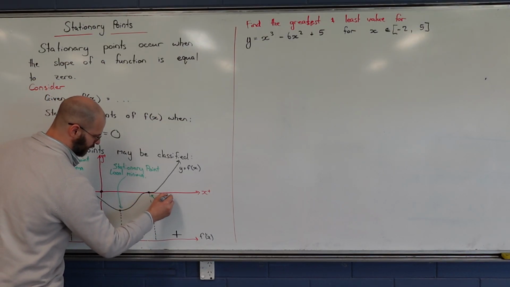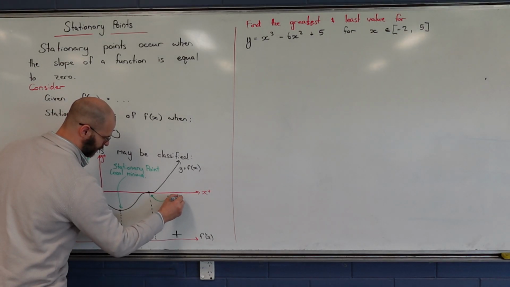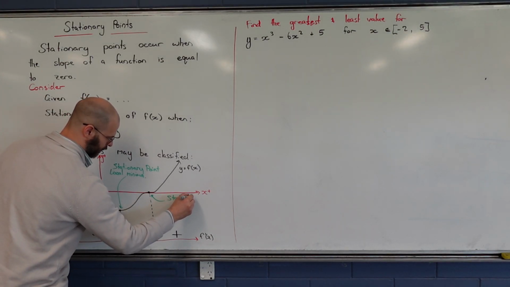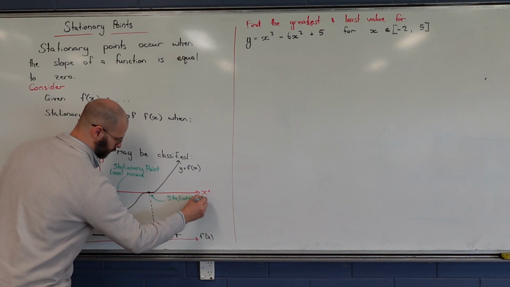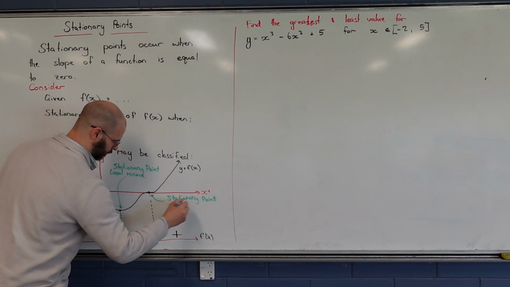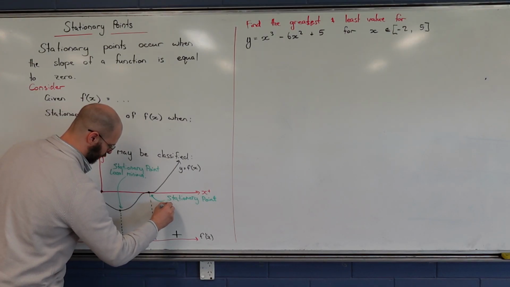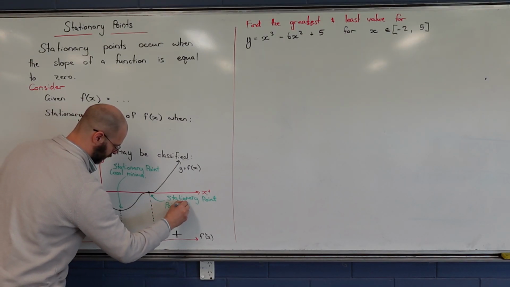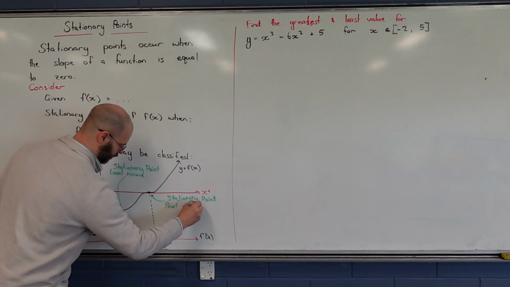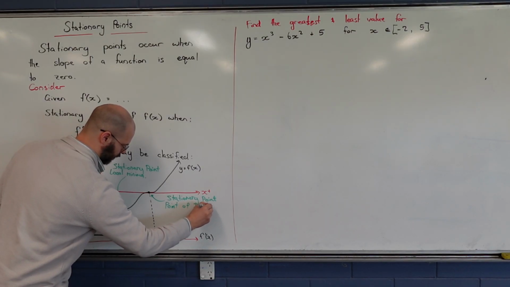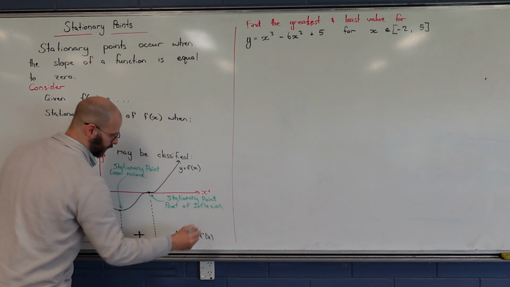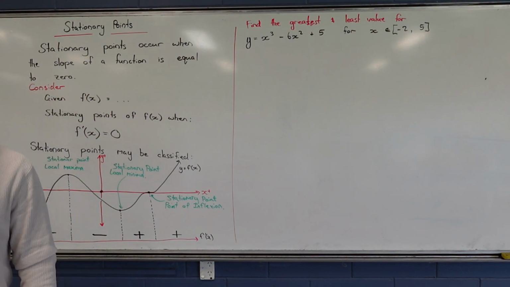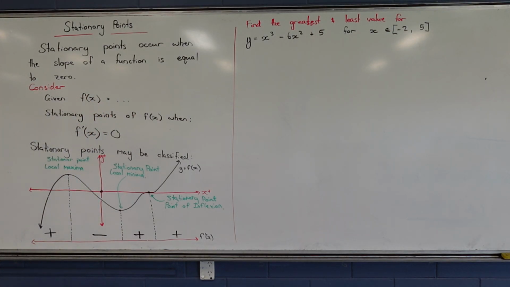It's a stationary point called a point of inflection. You can spell it the old English way of using an X, or you can use the modern English spelling, where it's CT, point of inflection.